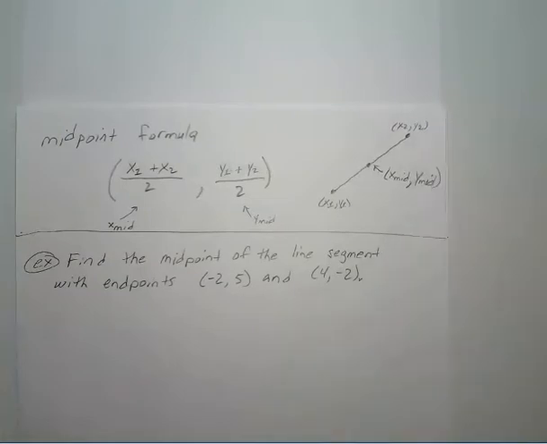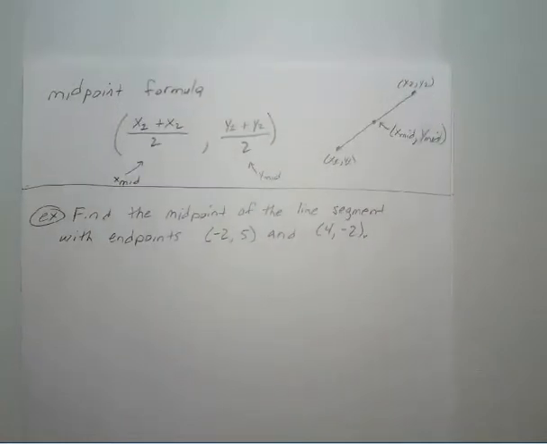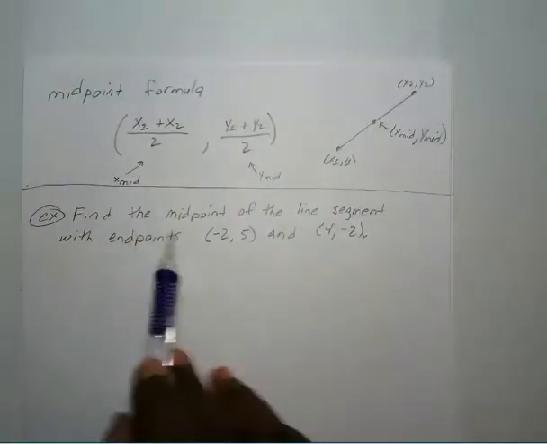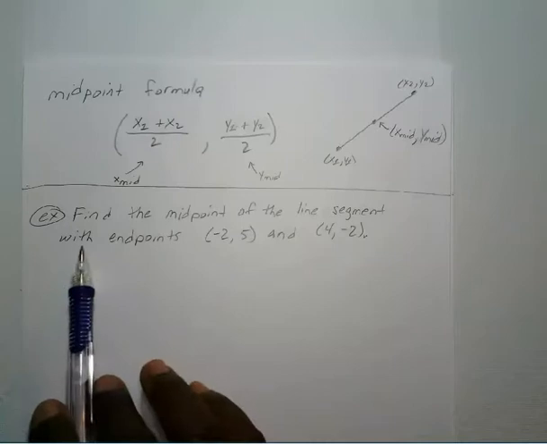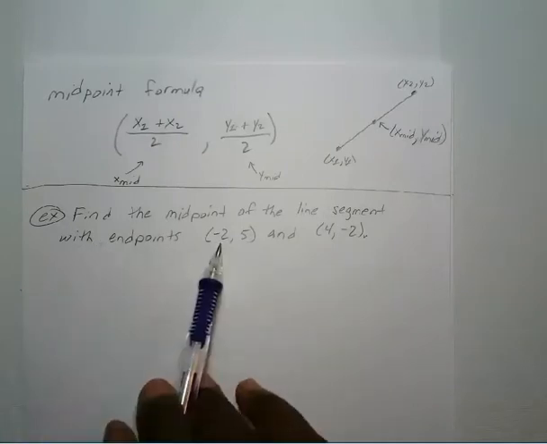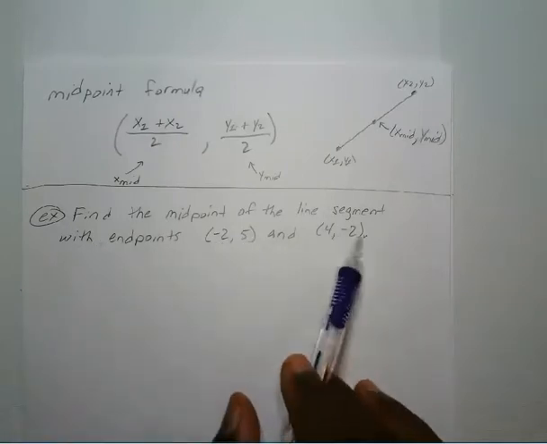Alright, so let's jump right into the example. We want to find the midpoint of the line segment with the endpoints (-2, 5) and (4, -2).